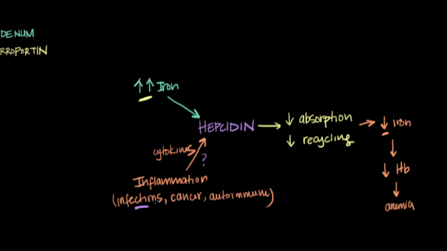So what the body does is quite smart: it essentially plays keep away with the iron. It releases hepcidin to keep away the iron so that the bacteria can't use it to grow. And the same thing occurs in cancer and autoimmune conditions, in which these cells use iron as an essential nutrient. So that is essentially the background and the pathophysiology of anemia of chronic disease.